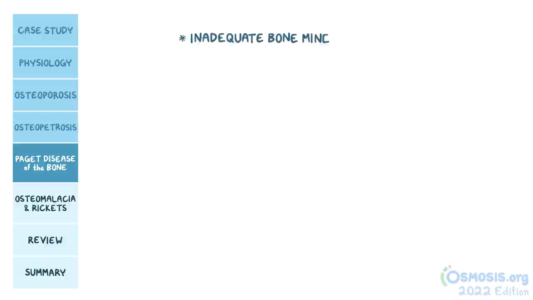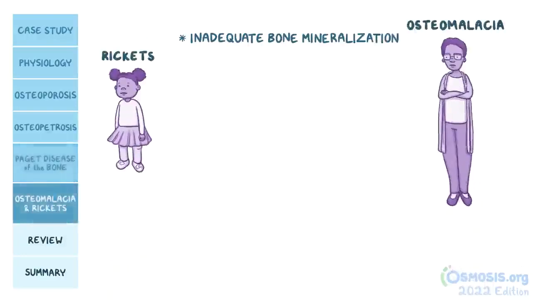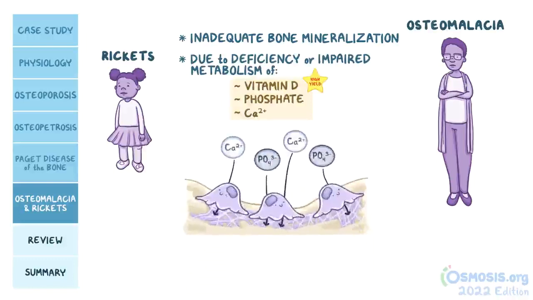Now, inadequate bone mineralization manifests as rickets in children and osteomalacia in adults. Inadequate bone mineralization can be due to a deficiency or impaired metabolism of vitamin D, phosphate, or calcium. When these elements are missing, osteoblasts don't have enough calcium and phosphate to deposit into the organic matrix.